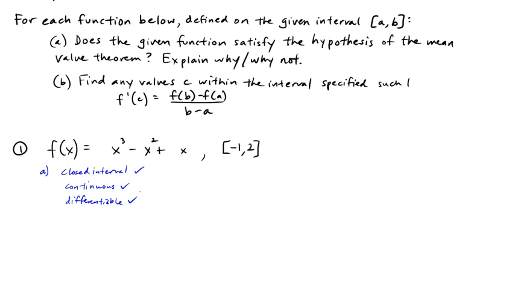So that means that there's going to be some value c such that the derivative at c is equal to the average rate of change.